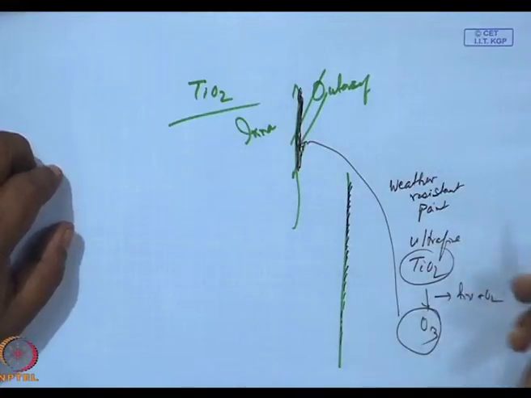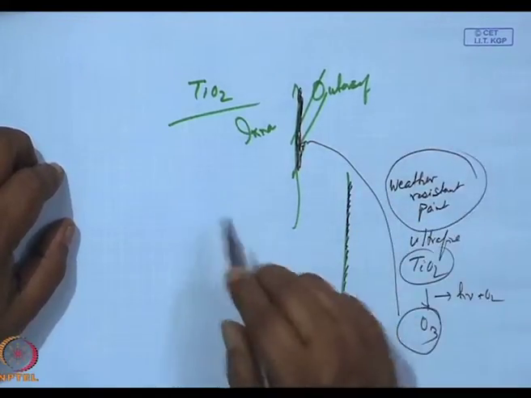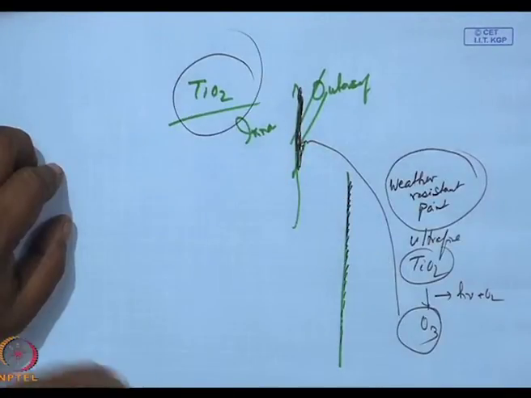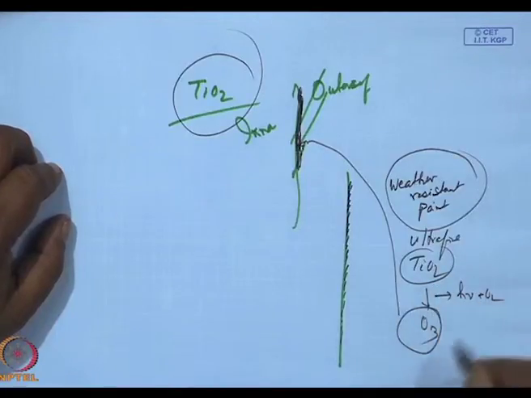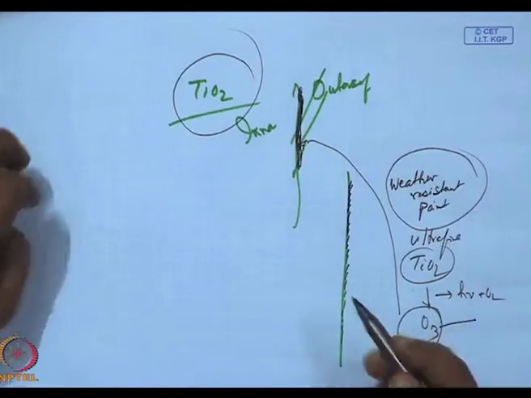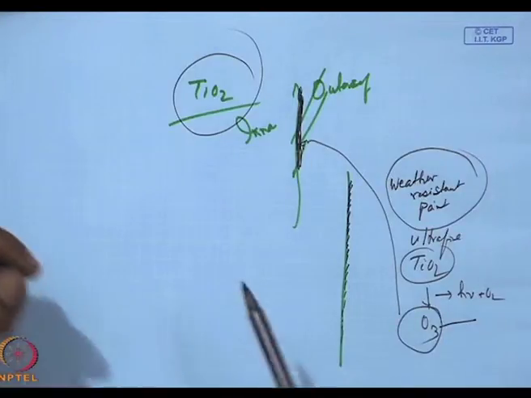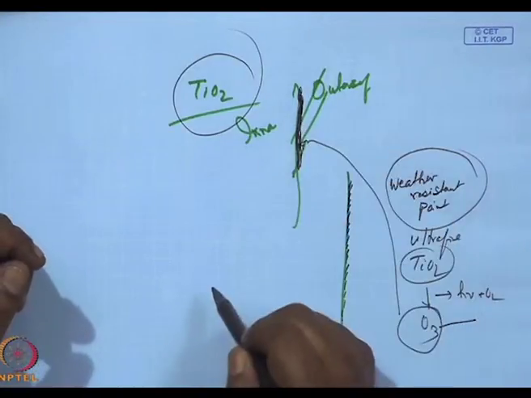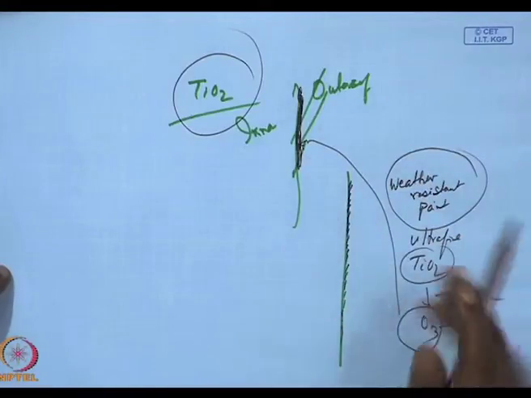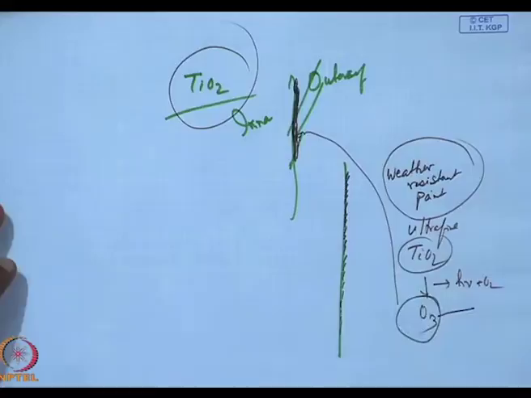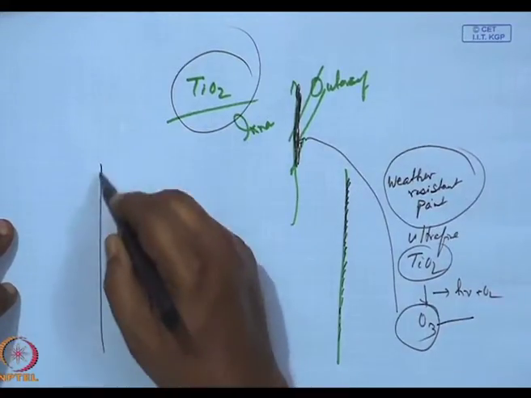So, today's Nerolac weather resistant paints stay white year after year due to the presence of titanium dioxide, which under the action of sunlight and oxygen forms ozone, and this ozone simply burns off these organics, hence the surface stays white.